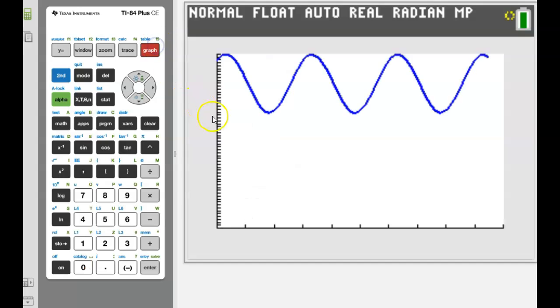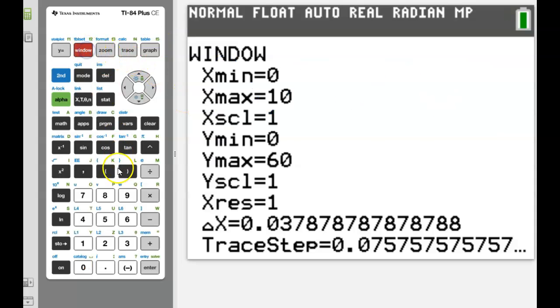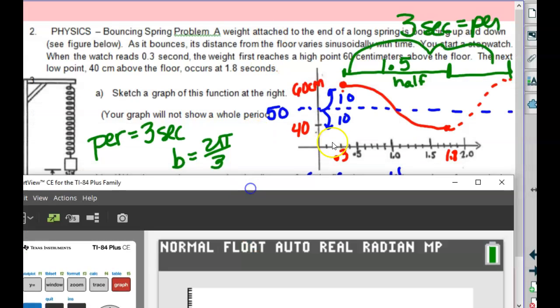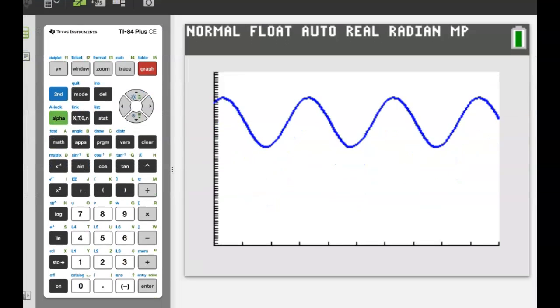Okay, maybe I'll even make it a little more. Now, it's not the same scale we used here. We could have definitely changed this, like, to have a Y min of 20 or 30 or something, but it's okay. So what 2 points might I want to check?